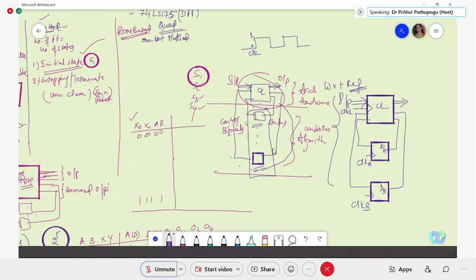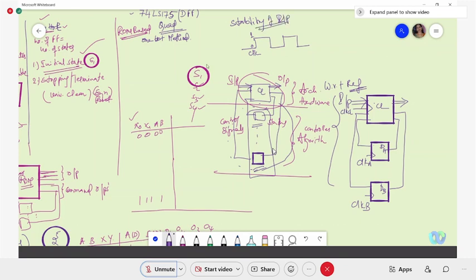That is one point. And this clock should be common to all the segments of the design. That is the second point. Third point is whether the inputs are stable at the moment when the clock is applied. Can the inputs change at any instant? That means something like synchronous inputs or asynchronous inputs. Stability of the input.